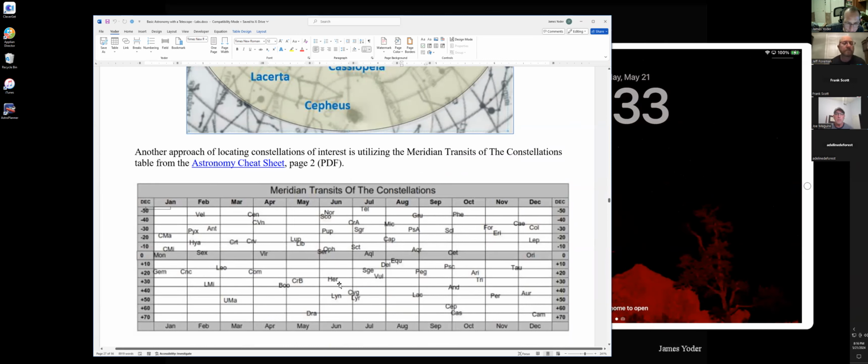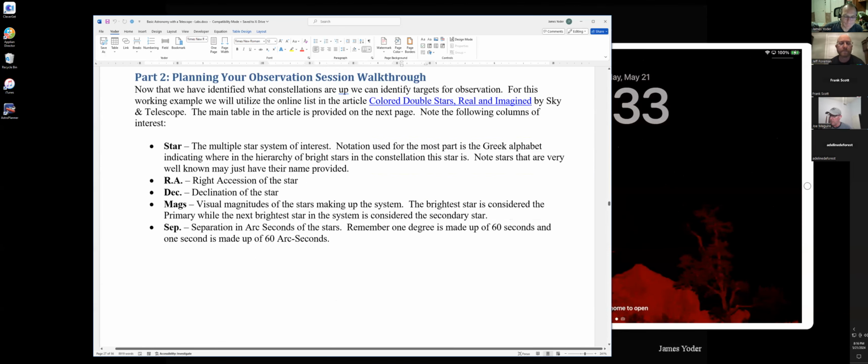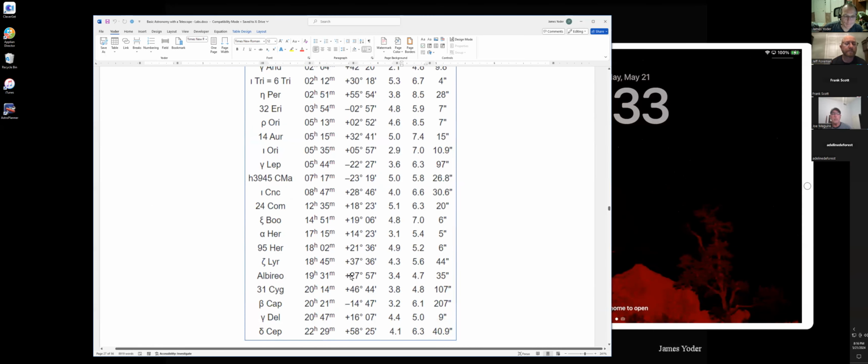There's Hercules, over in here in June. Yeah, it is rising a little later, but still, there are two in Hercules. If you wanted to do these later in the evening, these would be good ones. Lyra, Cygnus, Capricorn, Cepheus. So that's about it. So we've got about five prospects, and Hercules is a couple more. That's where I'd start.